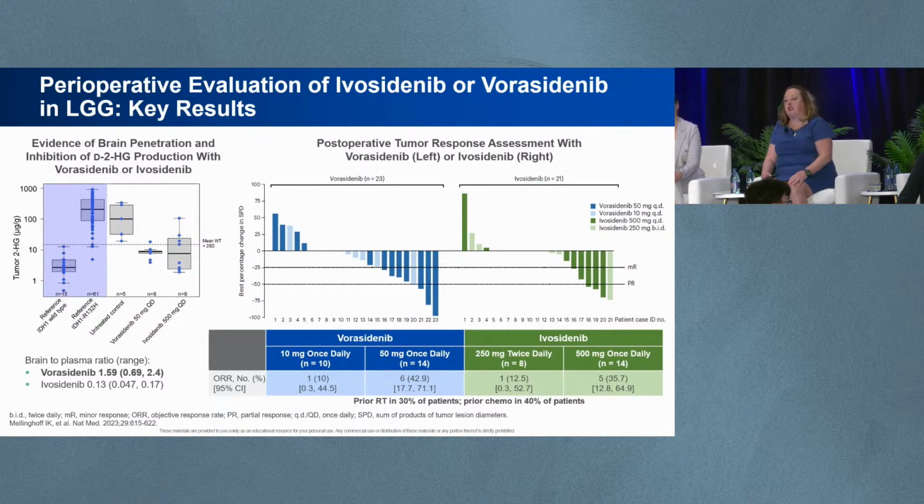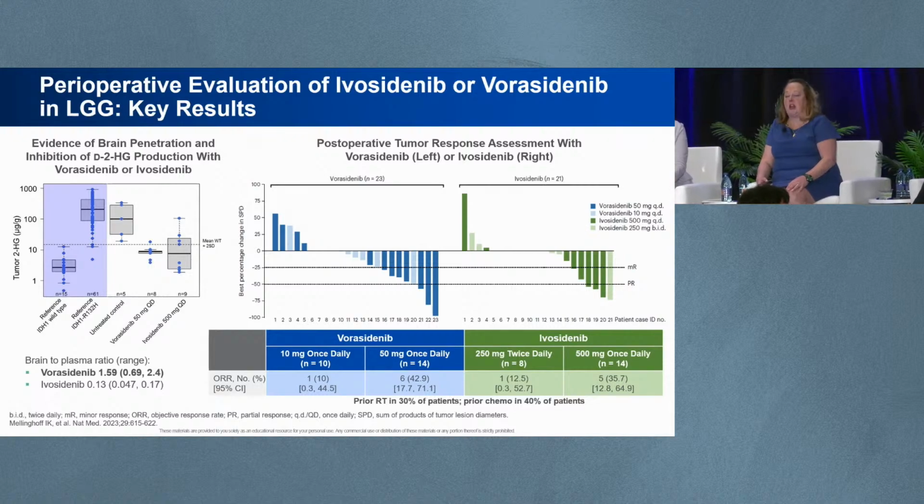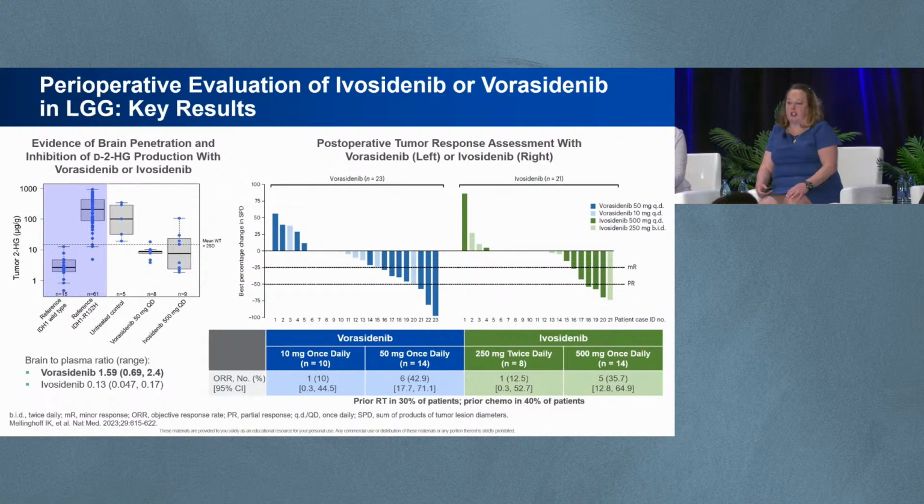And this is in patients that had recurrent low-grade glioma that was IDH mutated, that could plan to go to surgery on recurrence. And in this study, what we found on these waterfall plots is that both vorasidenib in the blue and ivosidenib in the green could essentially reduce tumor growth. So you can see that most of them actually had a response.